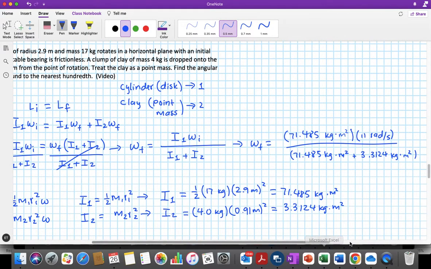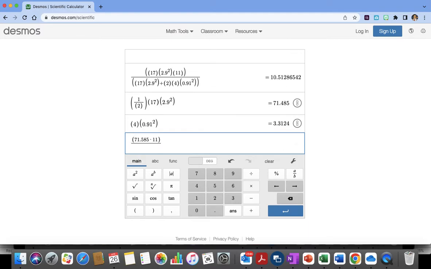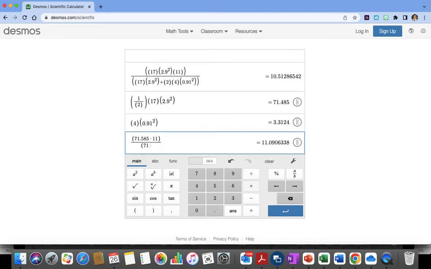Okay, we go to decimals, and then it was 71.485 times 11 divided by 71.485 plus 3.3124, and there you go.